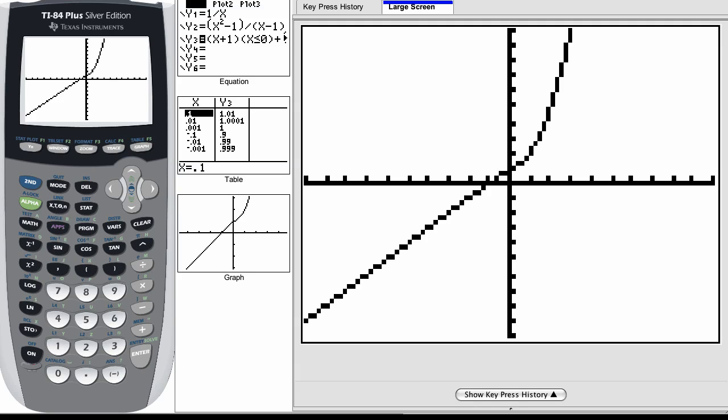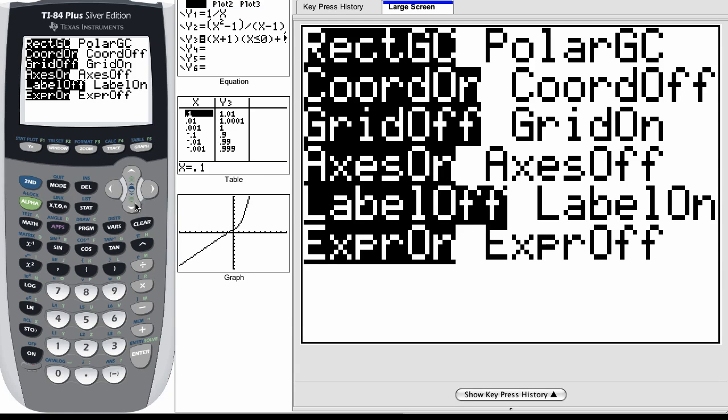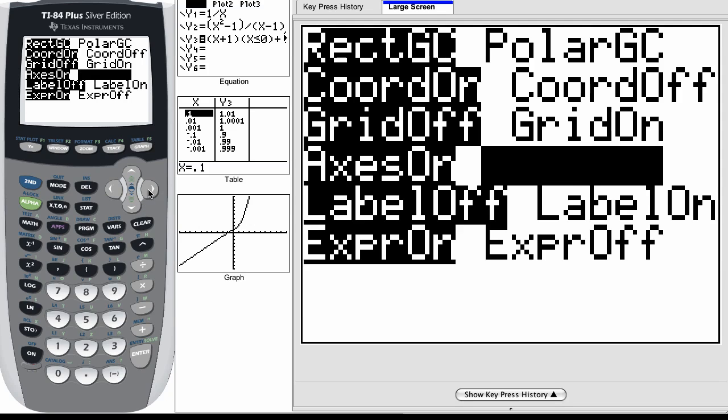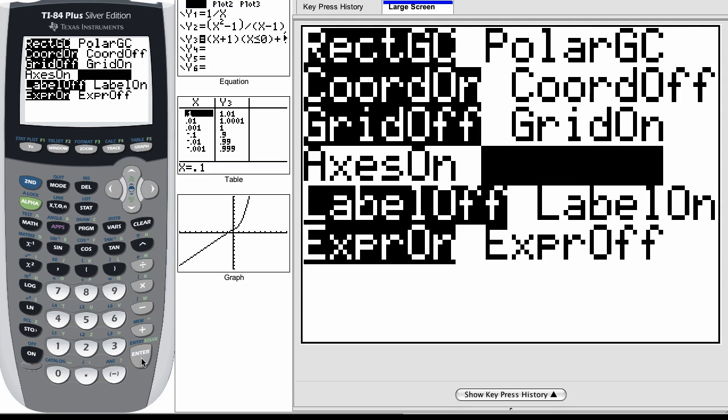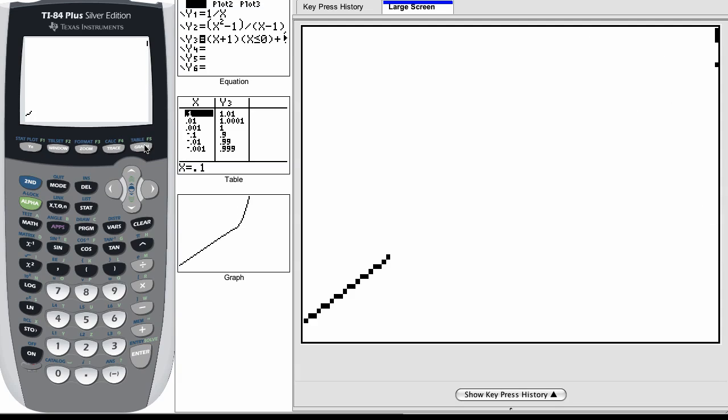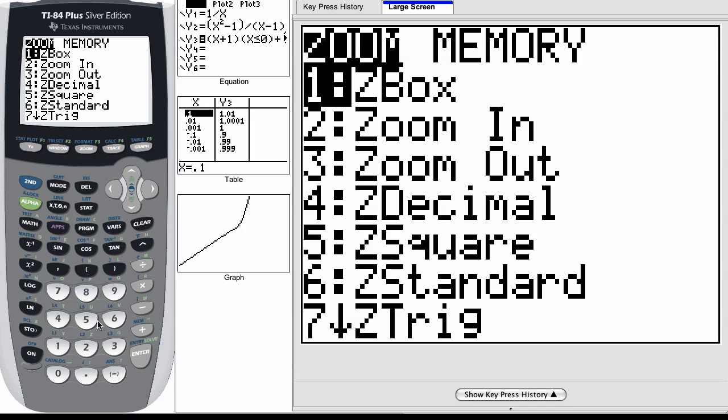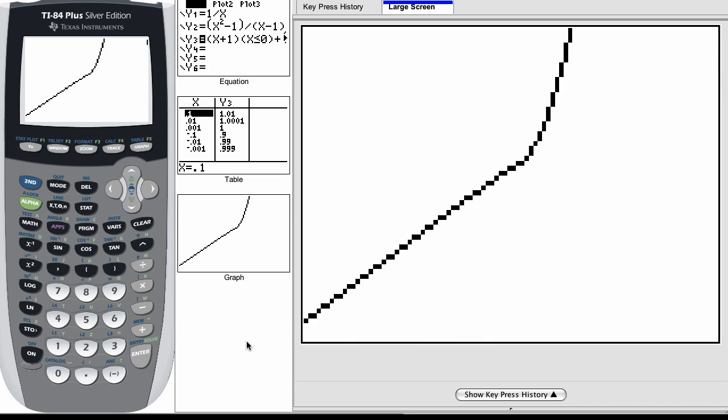Just to do a little more analysis on the graph, I can turn my axes off, because sometimes you'll get a hole that exists right on the axes, but because your axes are drawn, it doesn't look like there's a hole. Okay, so I've turned my axes off, and it doesn't look like there's a hole right here. Next, I'm going to do a zoom decimal to make sure that 0 really does get plotted.